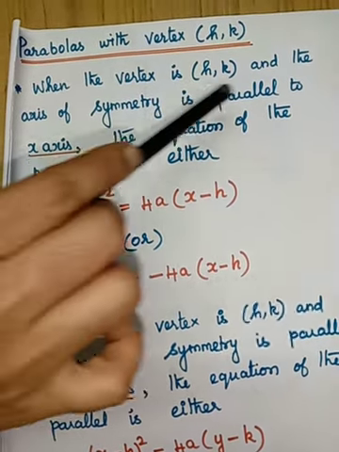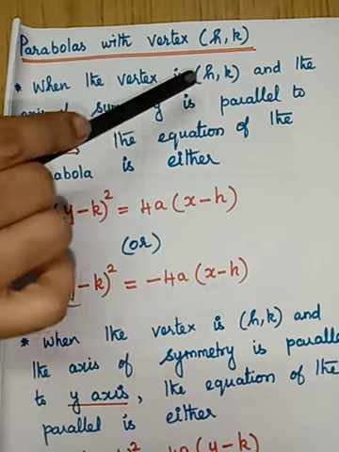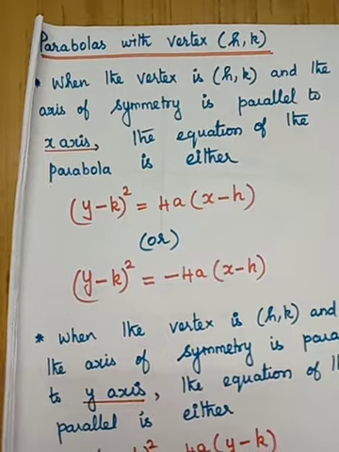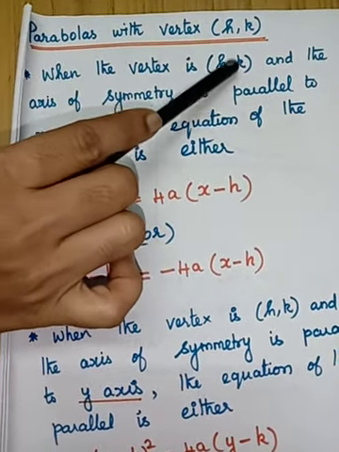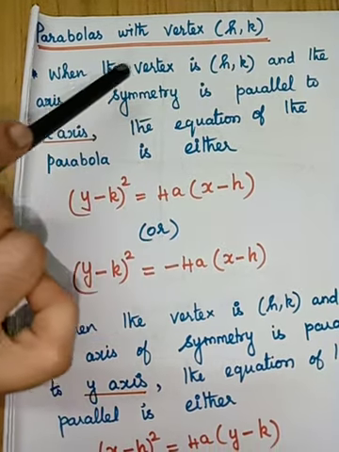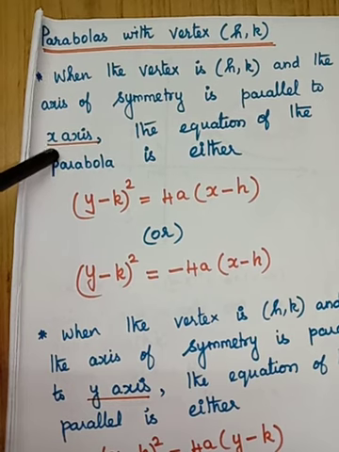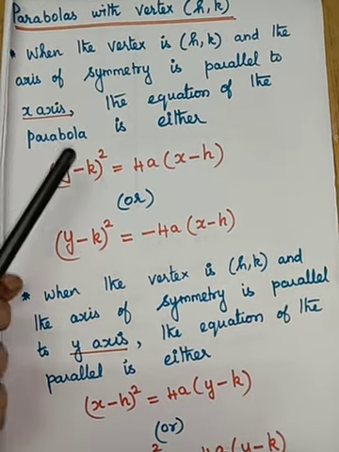Now it is parallel to the x-axis, so you have to use the word parallel. If the vertex is 0, 0, the axis is the x-axis or y-axis. If the vertex is h, k, you have to say the axis of symmetry is parallel to the x-axis or parallel to the y-axis. You have to change the words.